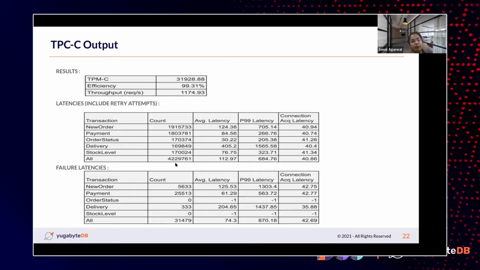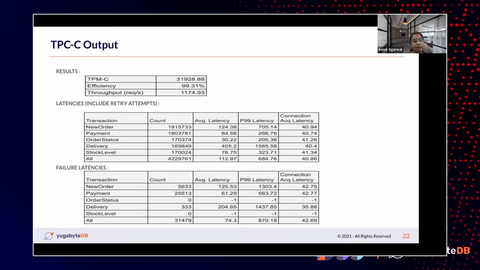One thing we note in the latencies is the new order transaction latency. If this scales up or down, this is one area where we look to identify if there is some performance degradation.